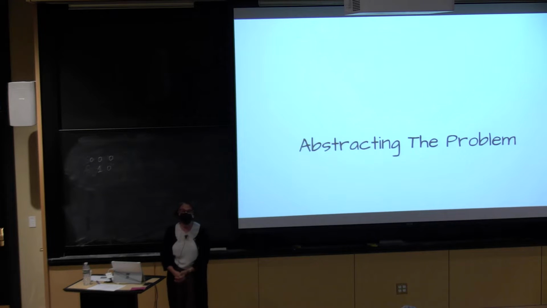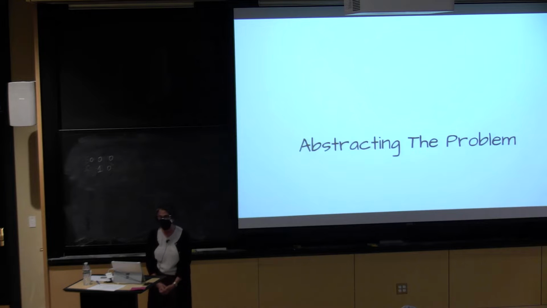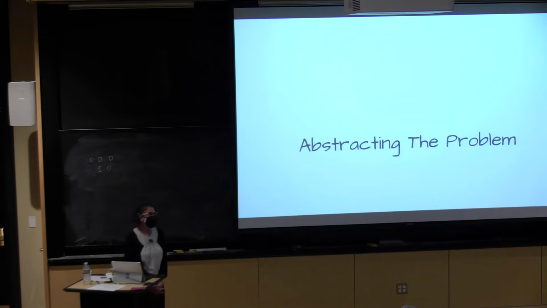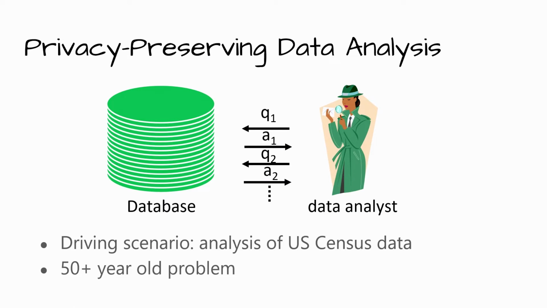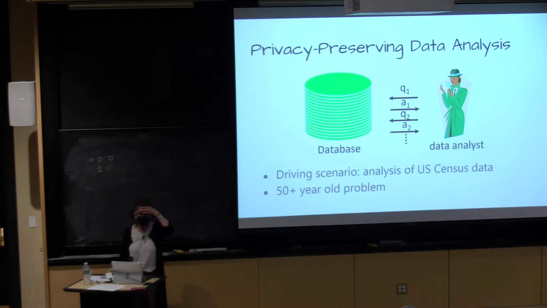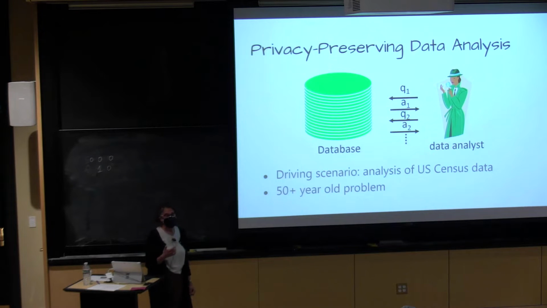Okay. So how do we abstract the general problem of privacy-preserving statistical data analysis? We imagine that we have a database here on the left that has lots of really good, juicy information that's also very sensitive. And we have a data analyst.